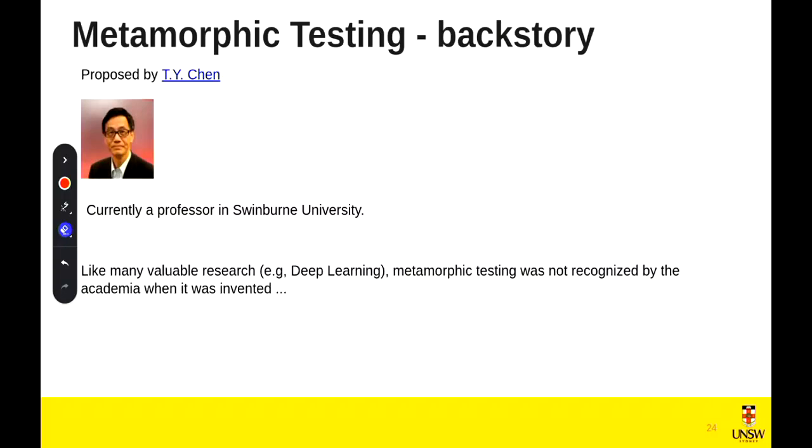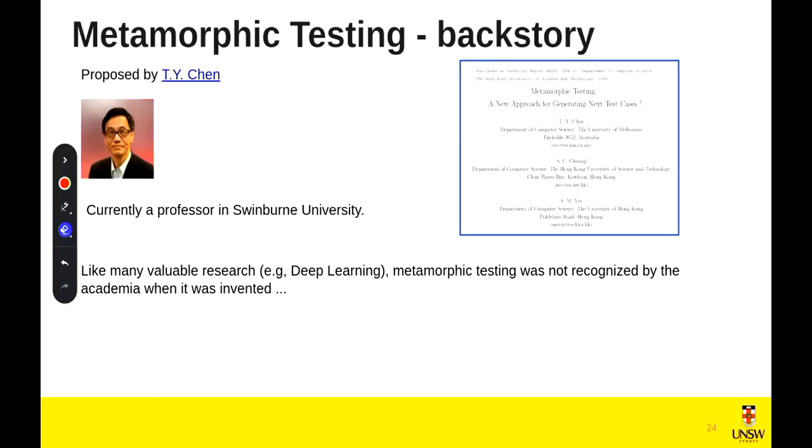And like many valuable research works, for example deep learning, metamorphic testing was not recognized by academia when it was invented. People thought this was just nonsense they didn't care about. When he first proposed this idea, he was a visiting scholar at Hong Kong University of Science and Technology, and it was only published in internal reports of that university.